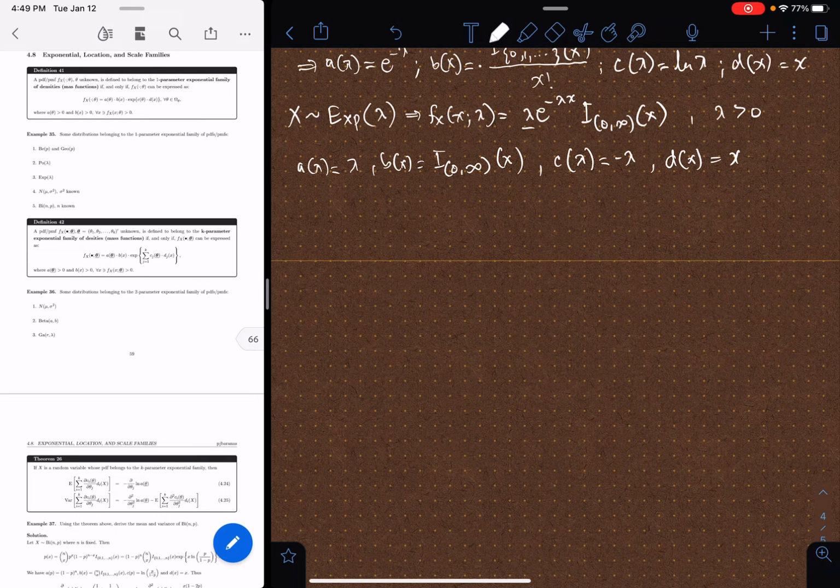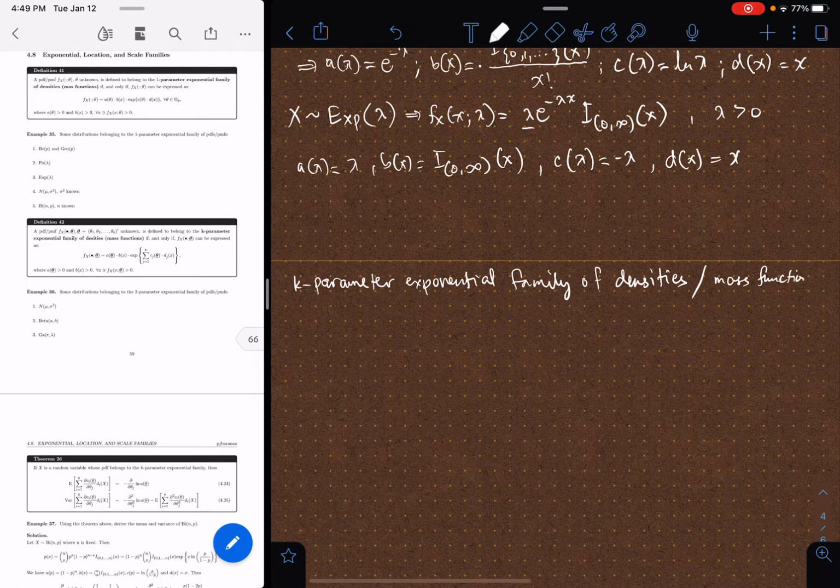K parameter exponential family of densities or mass functions. So you have number 1, we have n mu sigma squared.